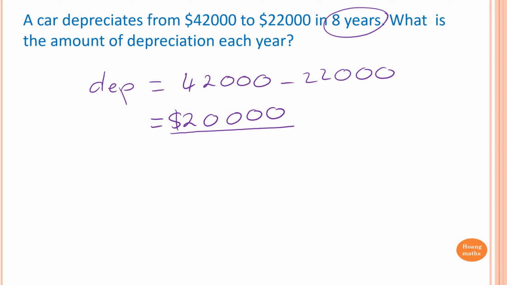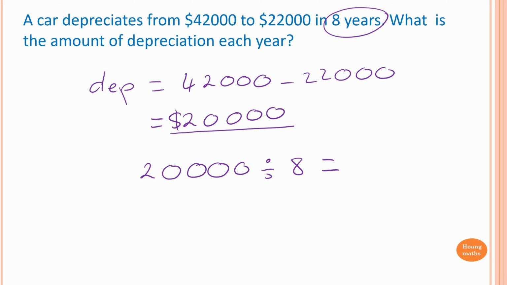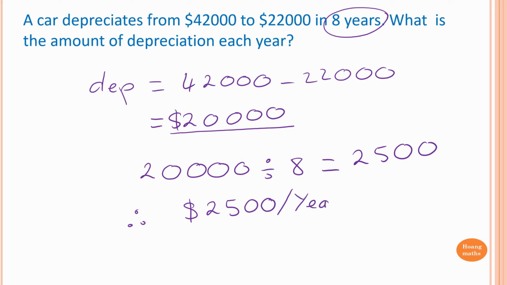So how much per year? We just go 20,000 divided by 8, which is equal to $2,500. So therefore, it depreciates $2,500 each year.